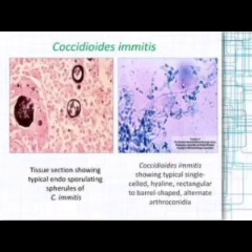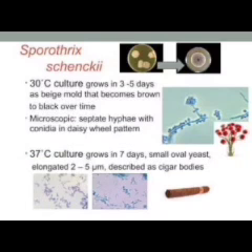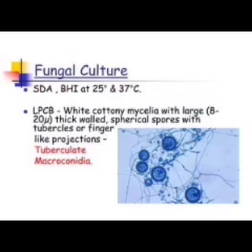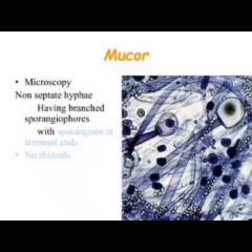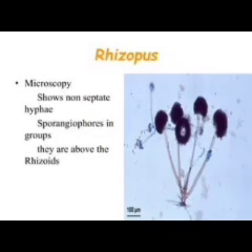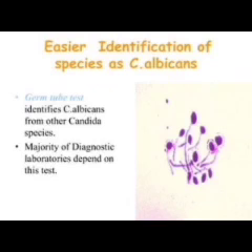Granulomatous reactions again here, mixed suppurative, generally in the immunocompromised. Then Geotrichum and Malassezia furfur are there. Where do we find them?